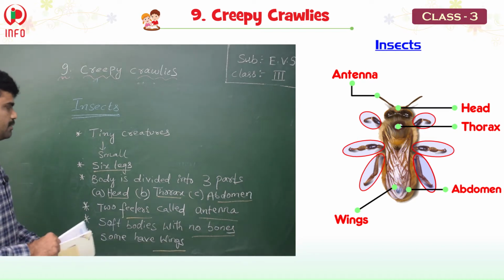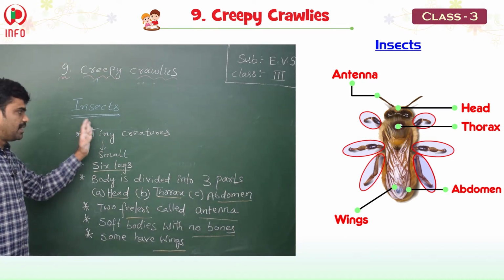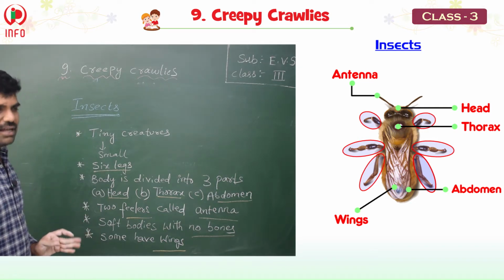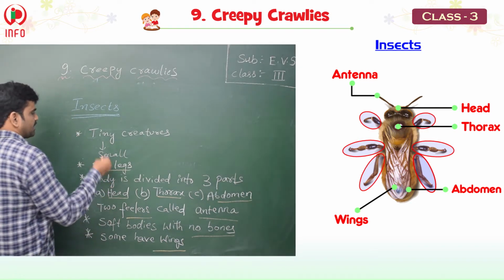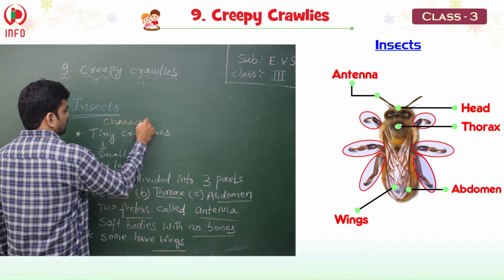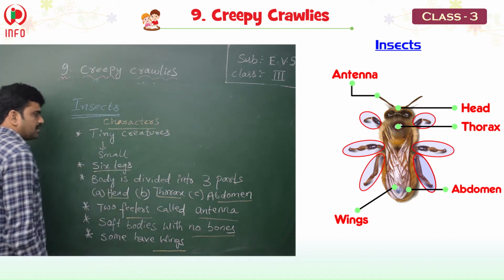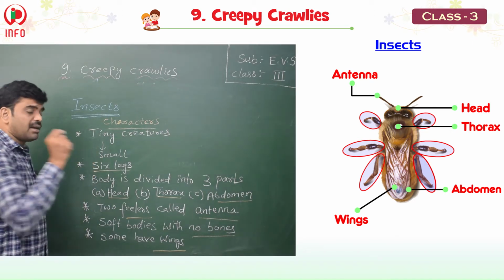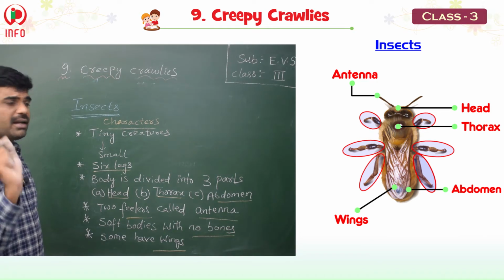See, children, now the general characters of the insect. These are the characters. First one, insects are very small creatures.